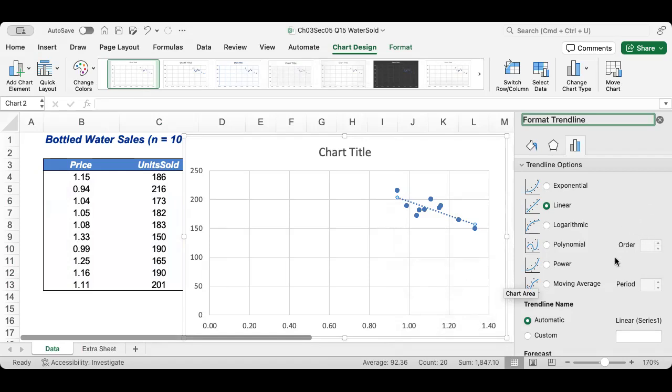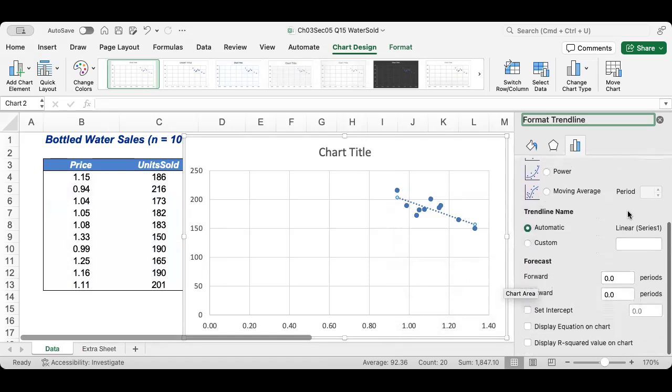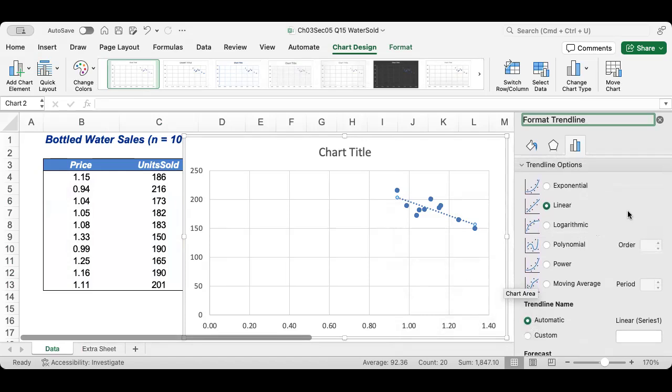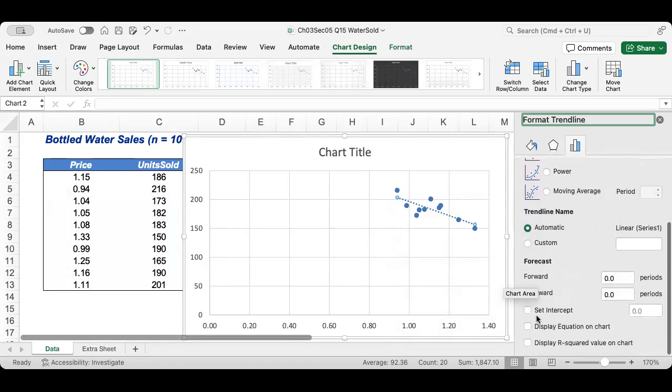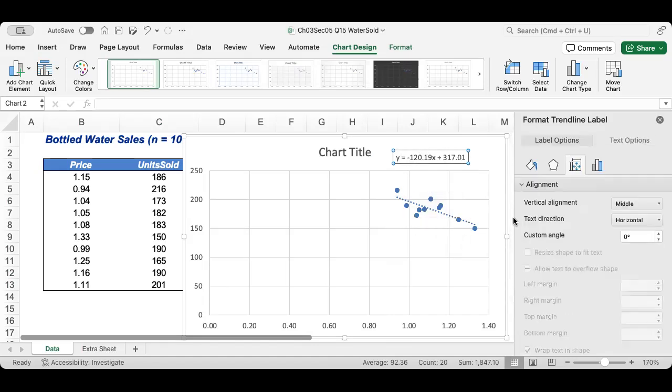Now, there are all sorts of other information here. We could fit other curves. If we thought that we didn't have a line, but we instead had some other curve, we could put that kind of curve in. Let's ask for the equation. Well, now, what does that equation tell me?